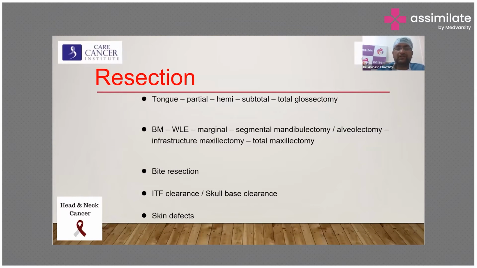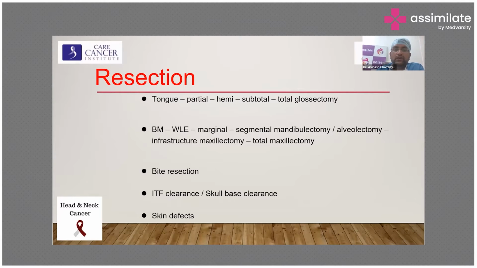So now the resection is all based on which part of the oral cavity has the cancer. So the tongue, depending upon the size of the lesion, it can be partial, hemi, total, or subtotal glossectomy. Glossectomy is the term for resection of the tongue.